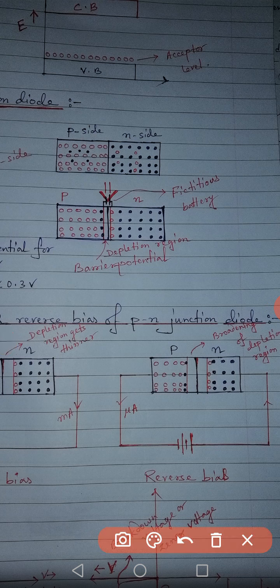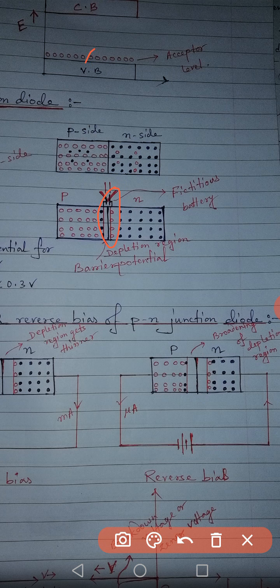Suppose some negative charges were present in this junction region; they will be pulled by the positive part of the fictitious battery. And if some positive charges were there, they will be pulled by the negative part of the fictitious battery. In simple words, in this region we will not get any free charge, because even if present, they will be pulled or pushed by the fictitious battery.